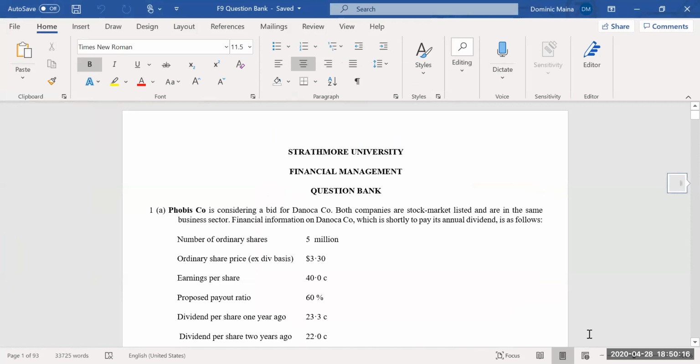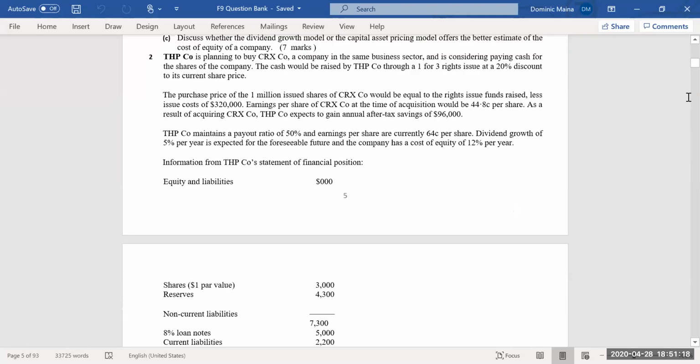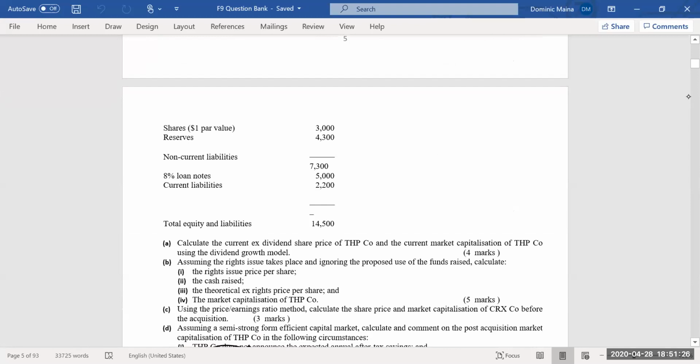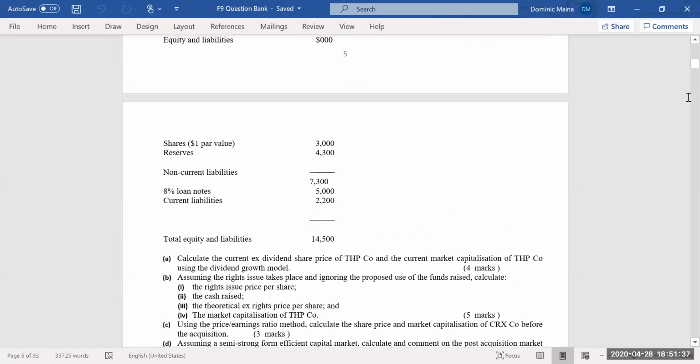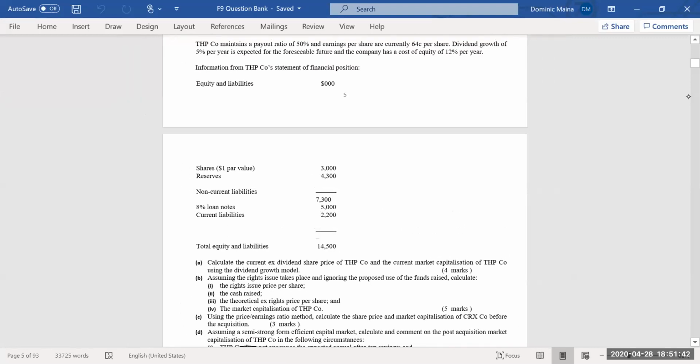On page 5, as you can see, we have the THP company, which I propose that we attempt. For now we can't do A, but we can do B and C comfortably. So go through the question, then we attempt questions B and C.